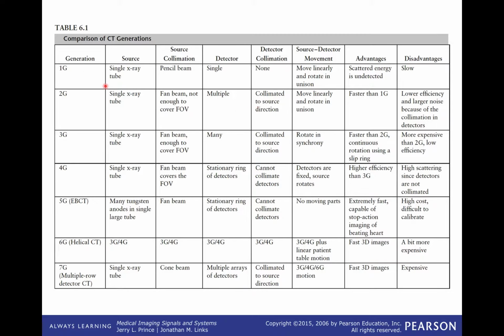So this is a table out of Princeton Links, and it describes the parameters of the different generations of CT scanners. You will not be responsible to know this history, okay? For those of us who were alive during this entire history, this table is quite interesting, right?